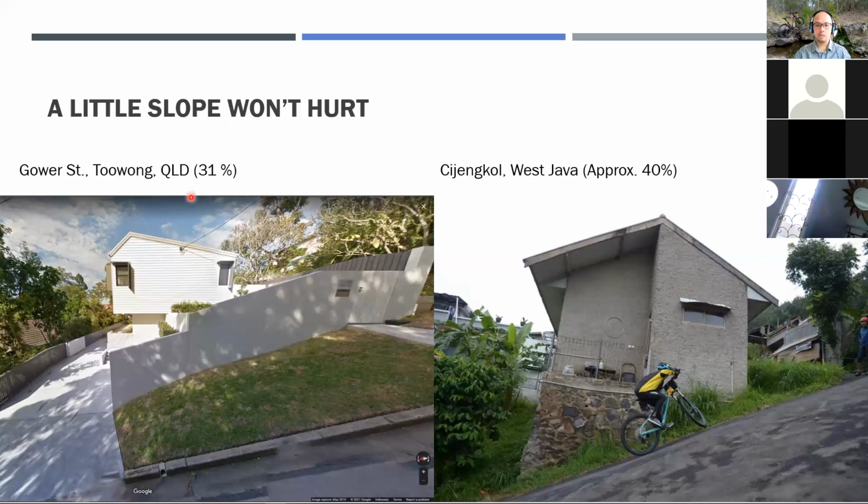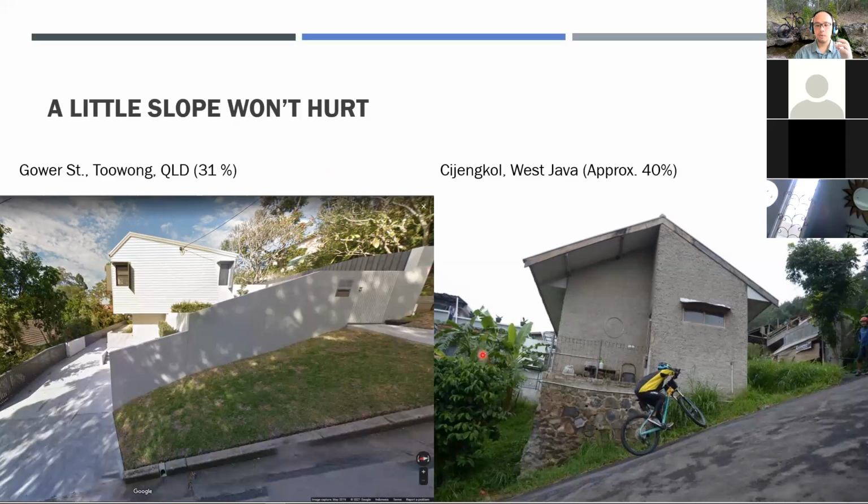One is in Queensland. This is near where I used to live. It's a 31% gradient. This street is about 700 meters long and 31% slope. Riding up it is quite a challenge. So you don't need to be riding up it. Walking up it is already a challenge.